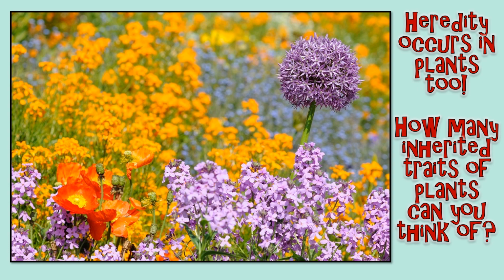So, animals aren't the only things that inherit traits. Plants do the same as well. There are male and female plants, and they pass on adaptations to their seeds in this case. So go ahead, take a moment, pause the video, and make a list of some of the inherited traits that you think these plants have.